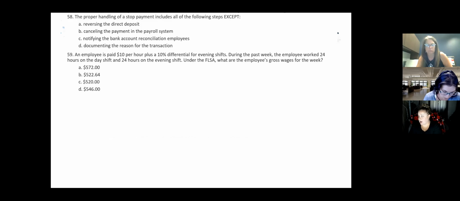The proper handling of a stop payment includes all of the following steps, except reversing the direct deposit.